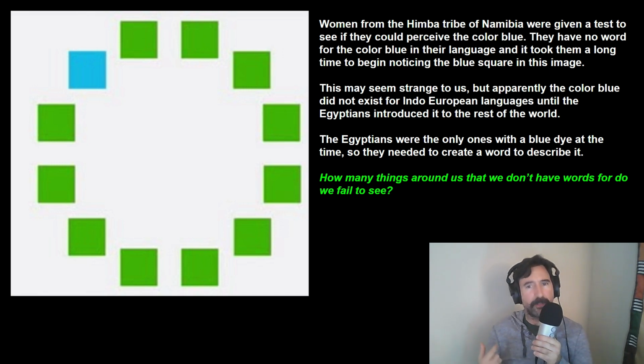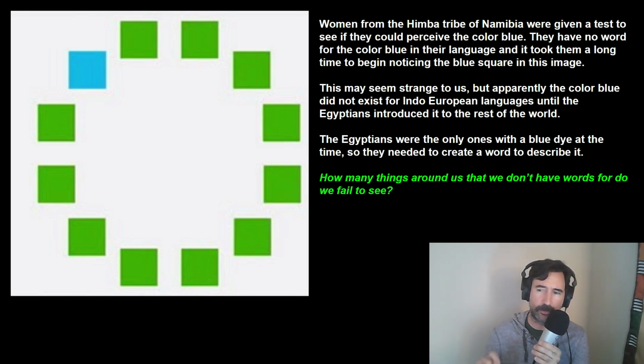But the question here is, how many things around us that we don't have words for do we fail to see? Right? I think about this a lot, and there are so many. There are just so many different things that you can notice, that if you don't put a word to it, then you realize, oh, there's no word for this.